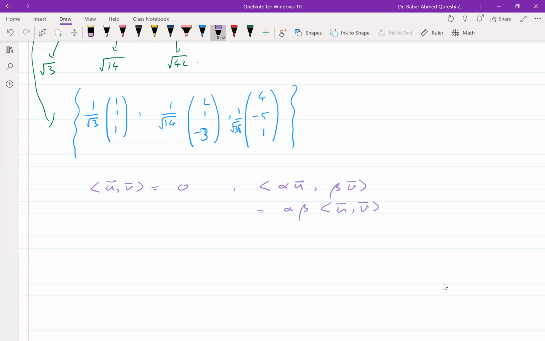Since u and v are orthogonal, I get a 0 from here, so it still remains 0. So changing the lengths does not change the fact that they were orthogonal; they remain orthogonal.